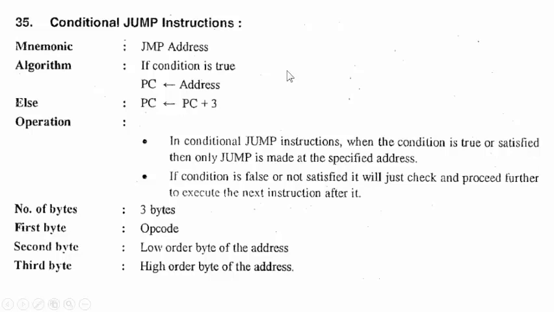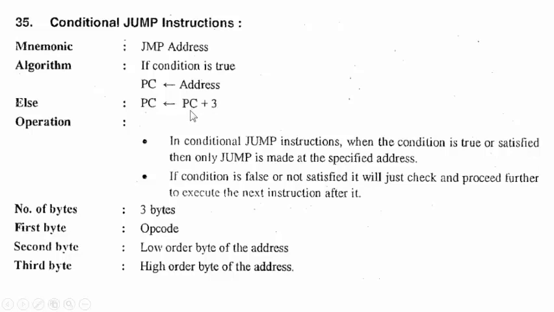The algorithm is: if the condition is true, then load the new address available in the instruction into the program counter. If the condition fails, or is not true, then continue with the next instruction.